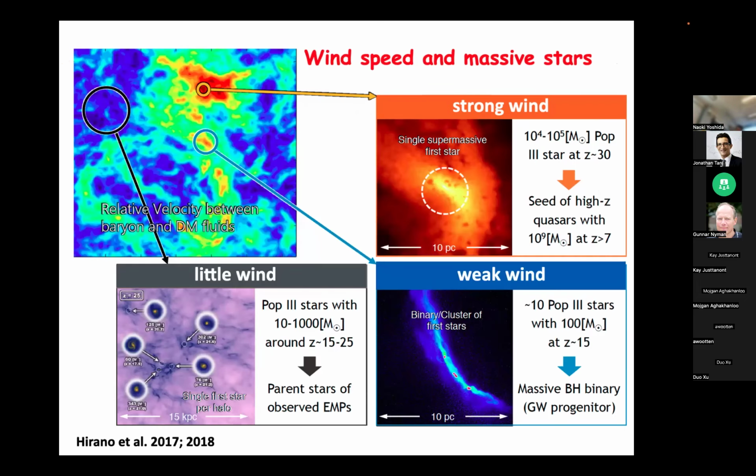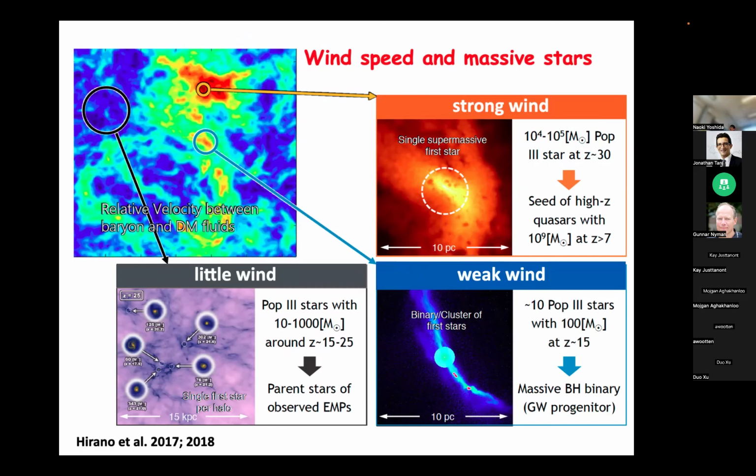Depending on the strength of this wind, in some regions there's a strong wind, a very windy region. It typically generates a very turbulent gas cloud like this. And in an extreme case, that gas cloud produces a 10 to the 4, 10 to the 5 solar mass star at redshift 30 or so.